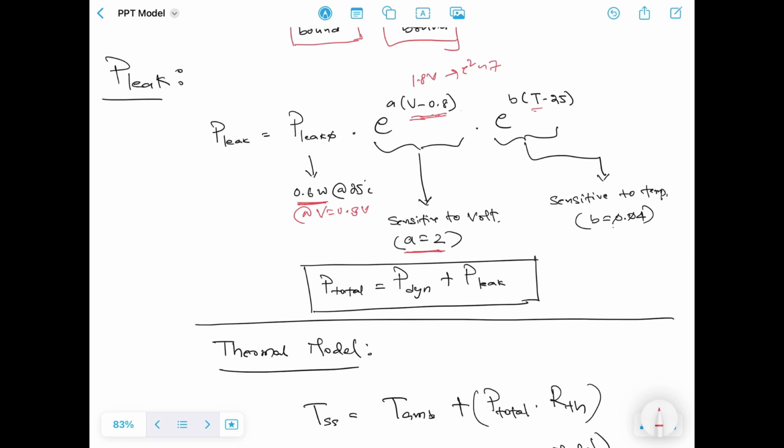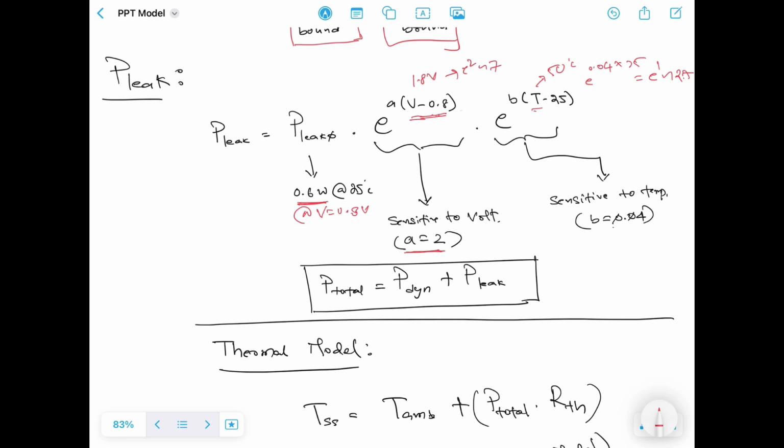And similarly, for the temperature, let's say T is 50 degrees C, then this term will become e to the power 0.04 times 25, which is equal to e to the power 1 approximately. That will come out to be 2.7.